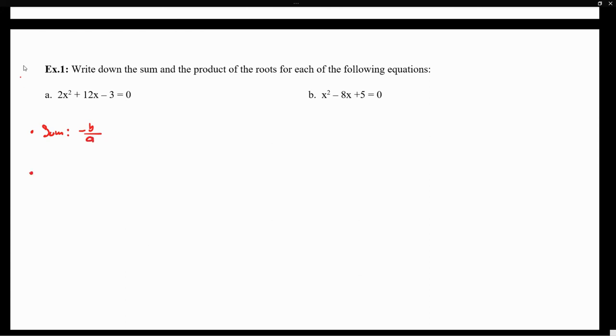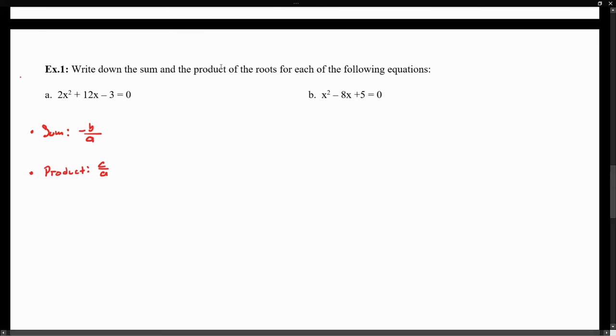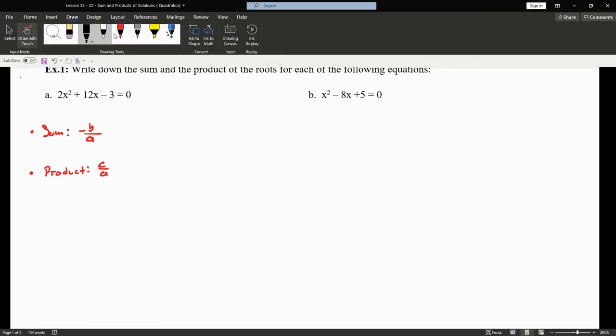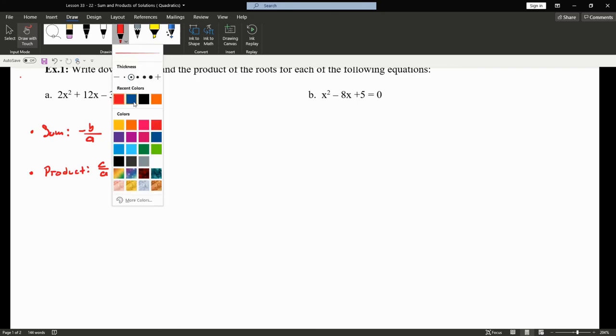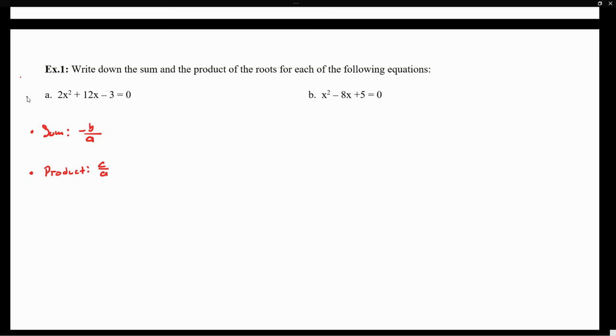And in addition to that, I know that the product is going to be equivalent to c over a. So to just define the sum and the product of the roots, all we have to do is identify a, b, and c, and then just plug them in. But notice that in this case, my a has a value of 2, my b has a value of 12, and my c has a value of negative 3.